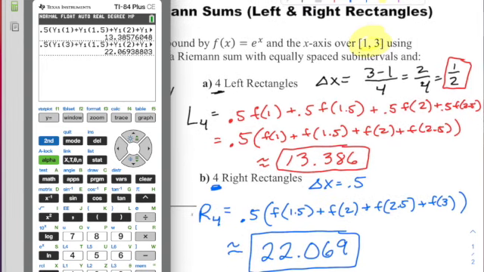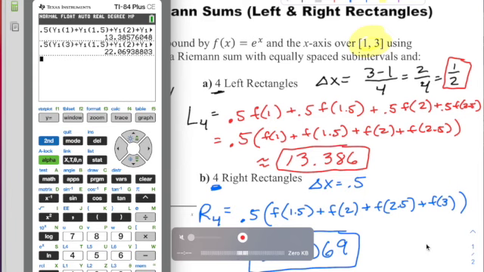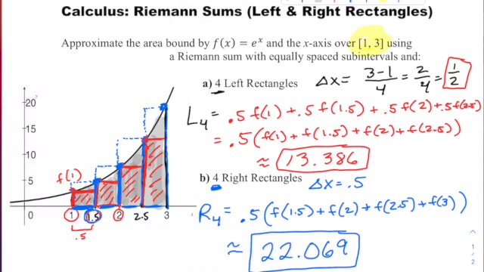And as you can see, these approximations are kind of far apart, and we talk about getting better and better approximations as we go on. But notice how the left one is definitely an underestimate. You can see when we drew those left rectangles, they were under the curve, leaving out that space.